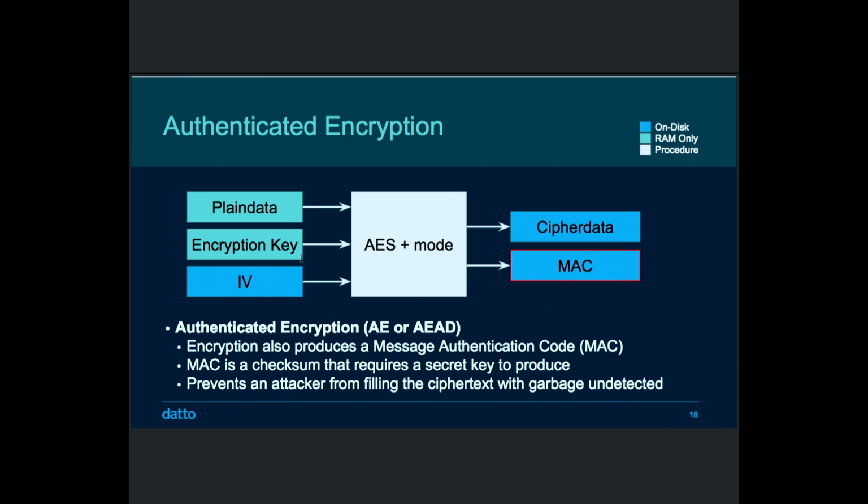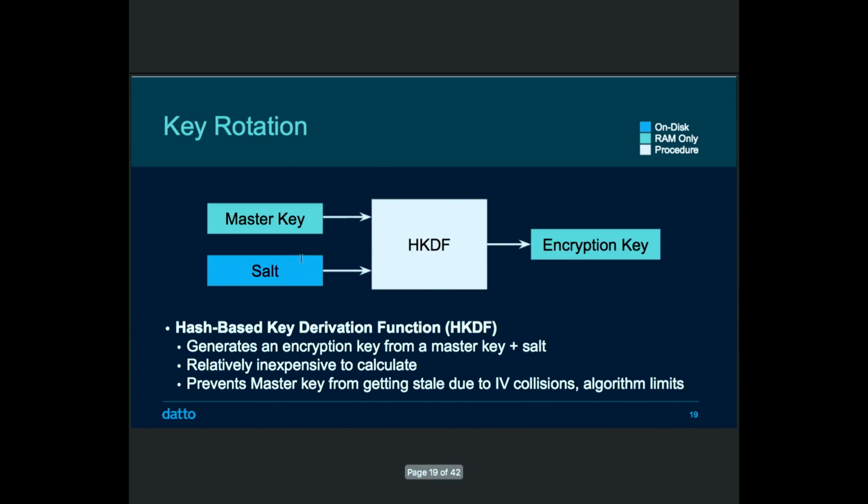So we need to be able to use more IVs without the risk of reusing one. So what we're going to add is this HKDF function. An HKDF function is really simple. All it does is it takes a master key and then a salt, which we're going to store somewhere too. And between the two of them, they will basically result in an encryption key. And this encryption key will be what's actually used to encrypt the data.